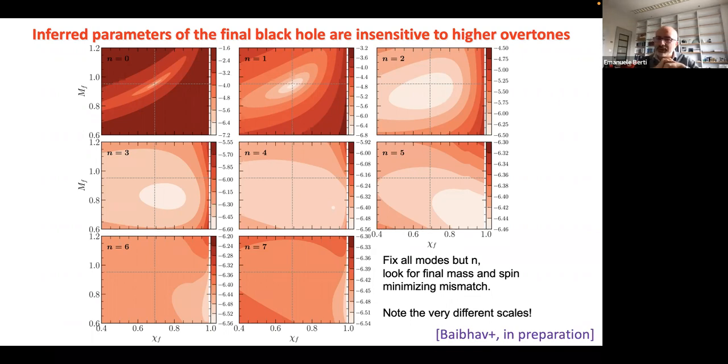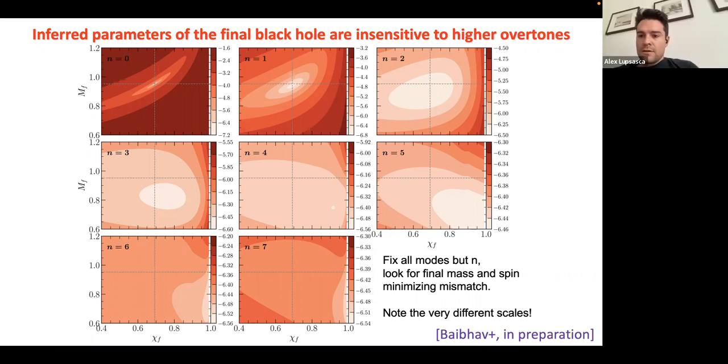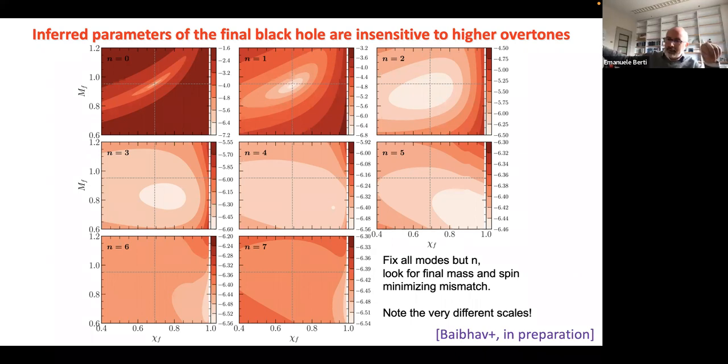What you can use is a Breit-Wigner approximation in that case, because if you're in the regime of very high L, your real part is much larger than the imaginary part, and then you can approximate the imaginary part as being small, and then you can use these Breit-Wigner resonances to compute the modes, and you can get some additional insight there. But I don't know if this answers your question.